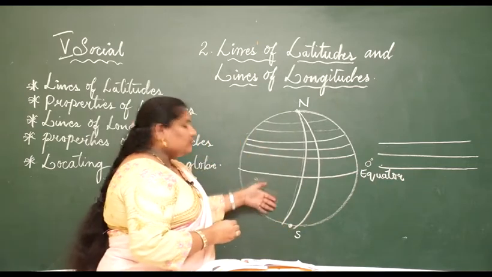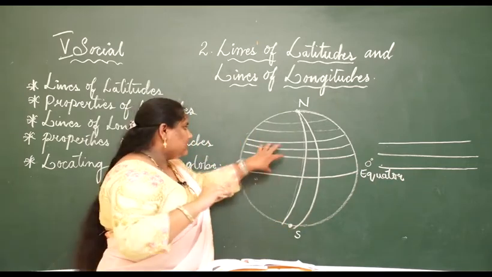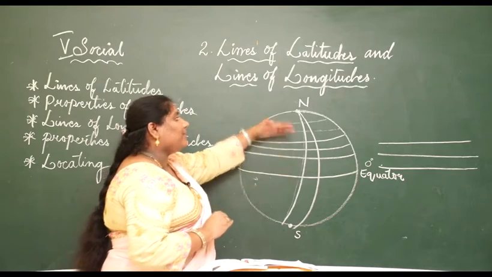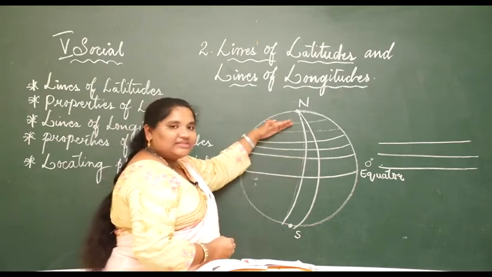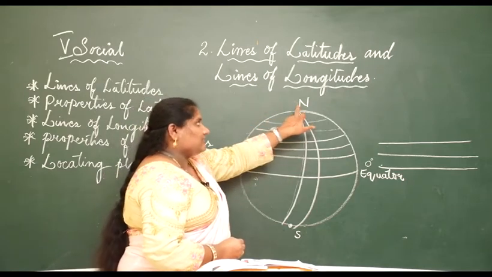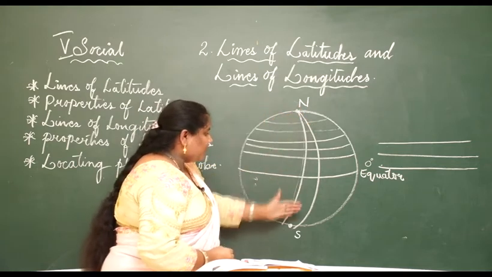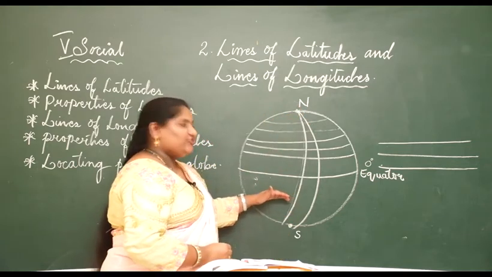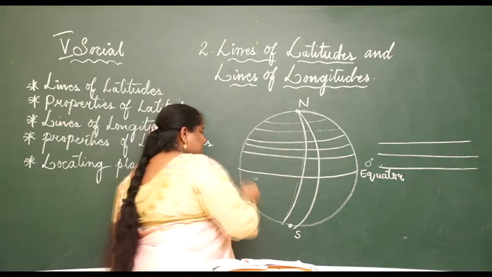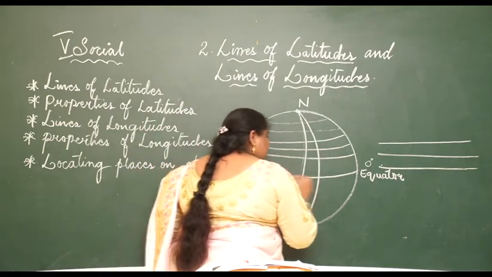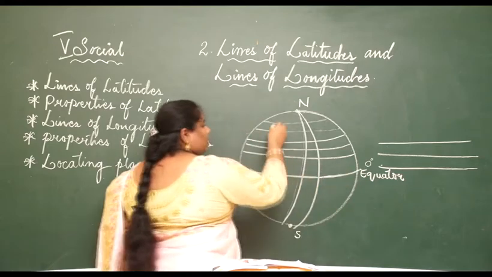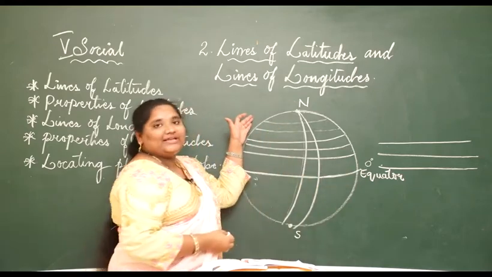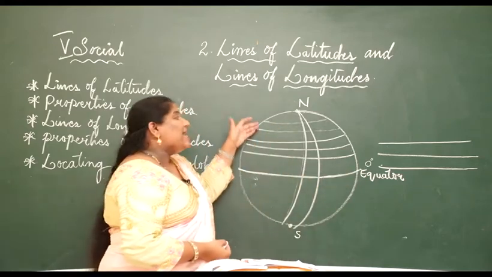It cuts into two halves. Same figure here. The upper part is called the northern hemisphere because it is the north zone, and the lower part of it is called the southern hemisphere, which is in the southern region. Okay, this line equator is very big. So these lines of latitude are also called parallels.